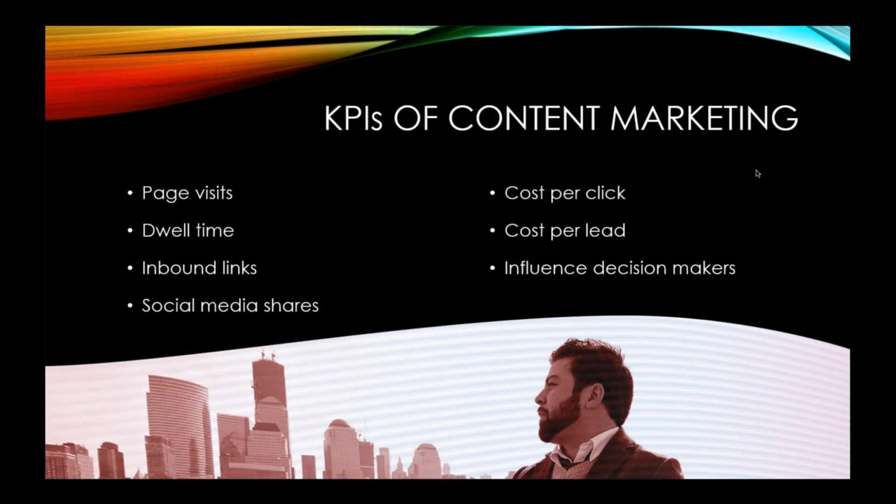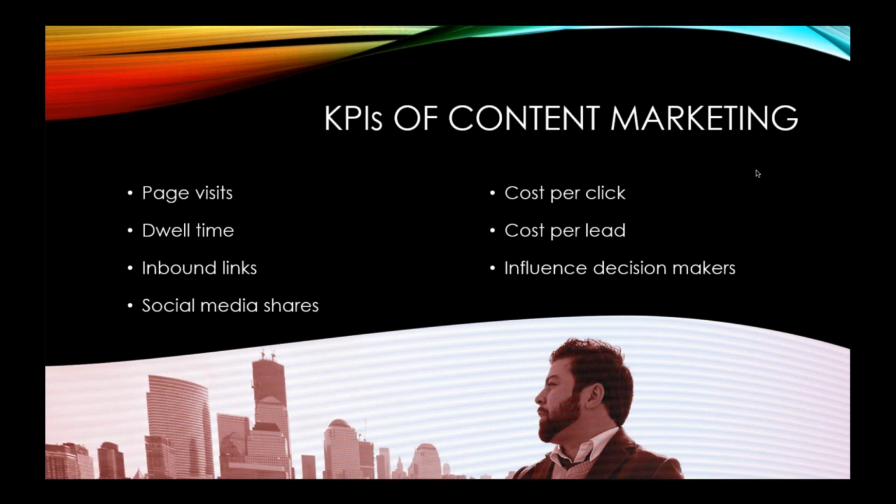The KPIs around content marketing revolve around page hits, dwell time, how long your user came and stayed on your page versus they came, they looked for 3 seconds, couldn't find what they wanted, and they moved on. How many inbound links are leading your users to your content? How many social media shares?